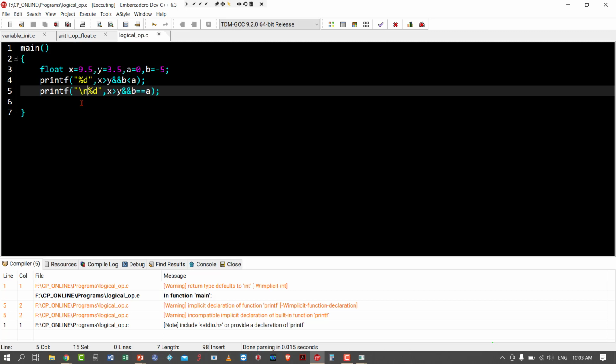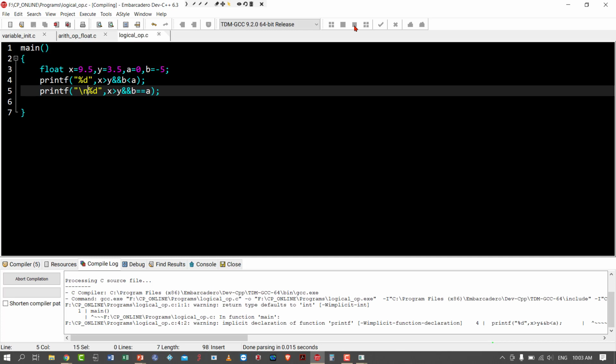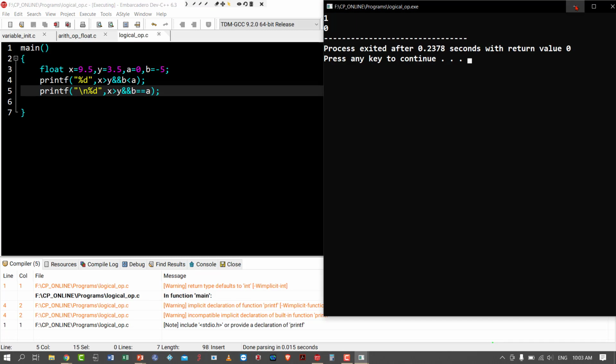What will be the output of line number 5? 1 and 0. And in between we have an AND operator. So one switch is on, another switch is off. What will be the outcome? 0. Very good.